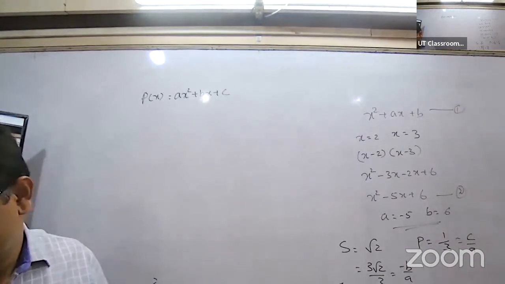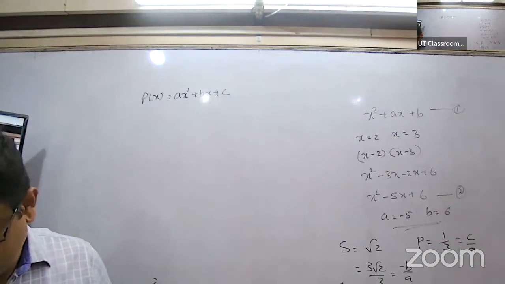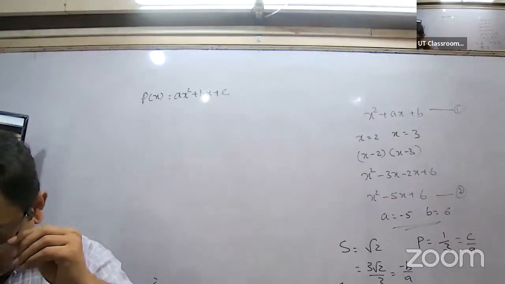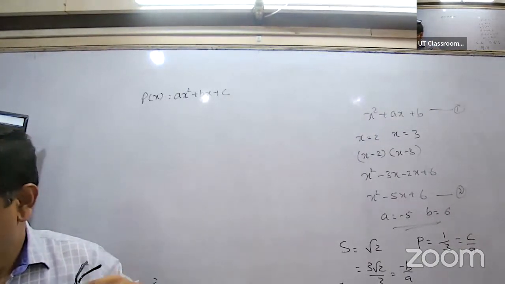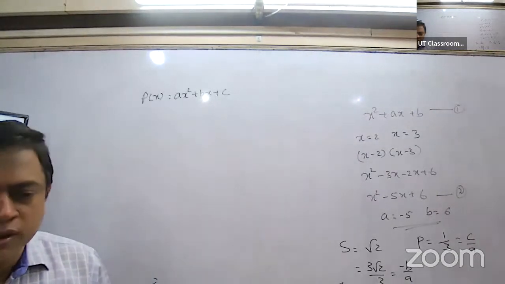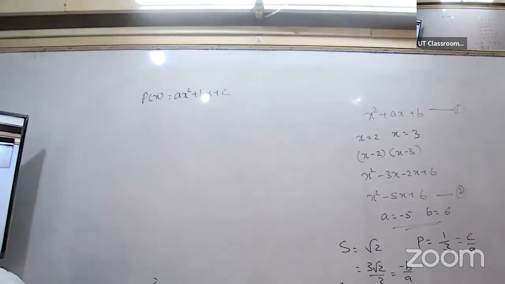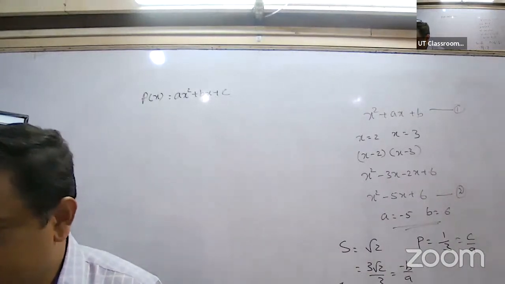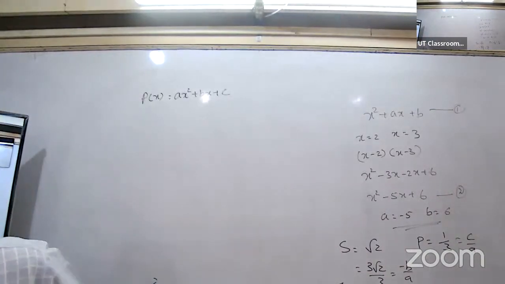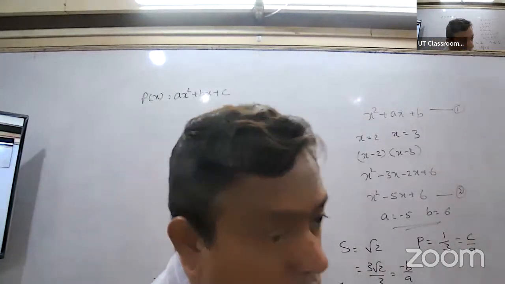Two. It's simple now. At the most 2 zeros. Which option? C. Okay. 3 zeros? Quadratic polynomial, no. The whole round, 2 zeros, that's done. Understood, all of you?